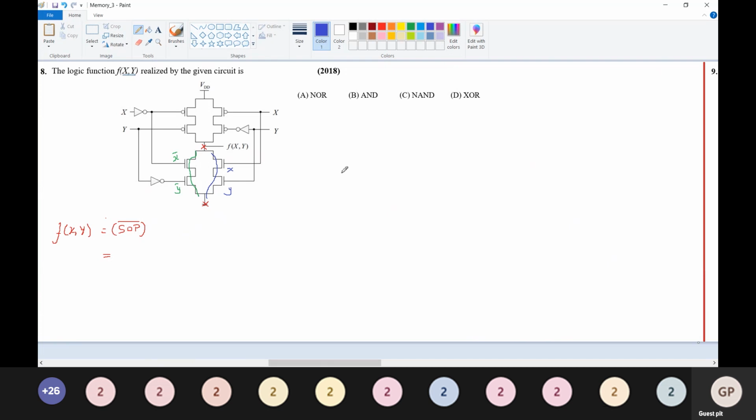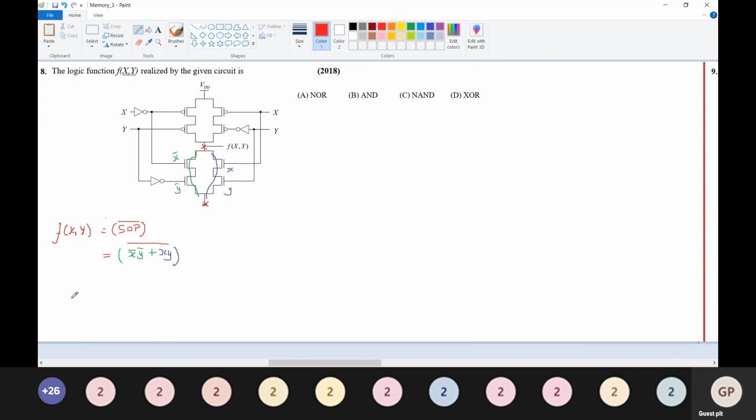For the first parallel branch, this is nothing but x dash y dash. At the second parallel branch, it is x y. And this is the complement.